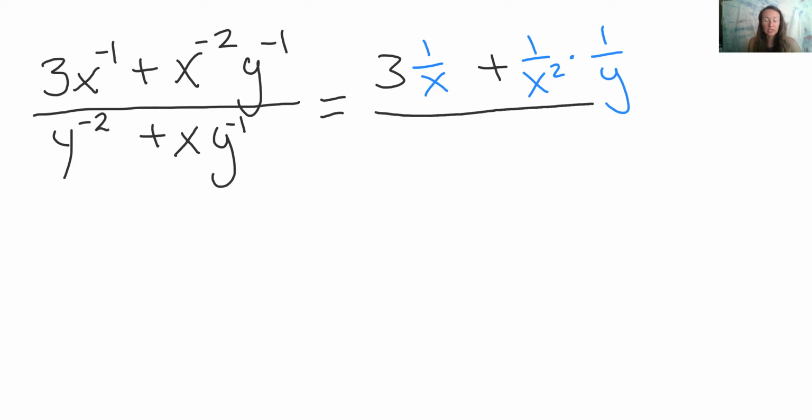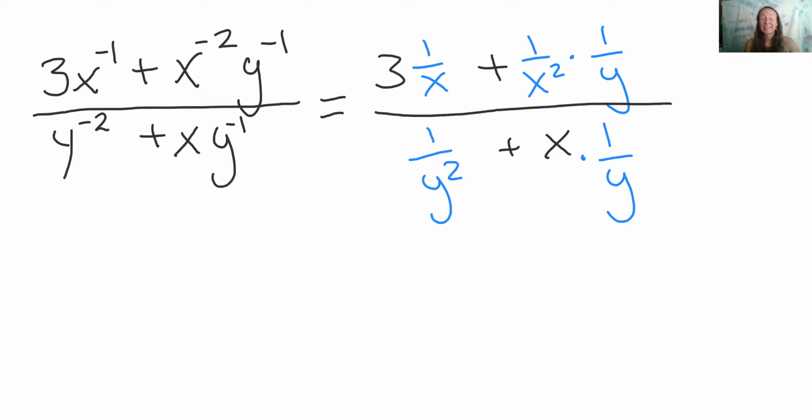So that's how we just convert each individual negative exponent into a fraction. So our y to the negative 2 is going to become 1 over y squared. And our y to the negative 1 is going to become a 1 over y. Okay. So there in blue, I've converted every negative exponent into a fraction. Now we'll get to simplifying.